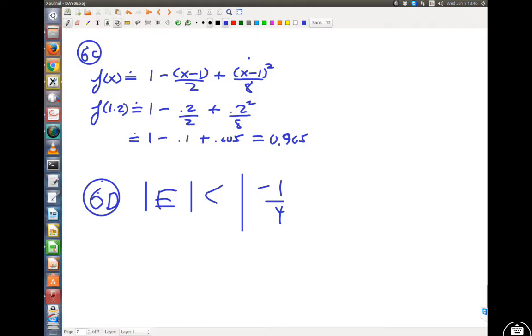Sorry, x minus 1 is 0.2 when you plug in 1.2. So 0.2 cubed over 3 factorial.